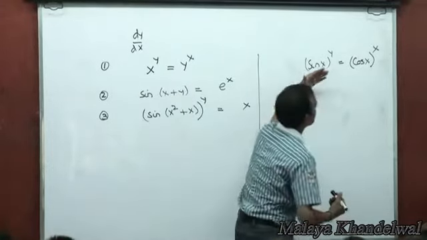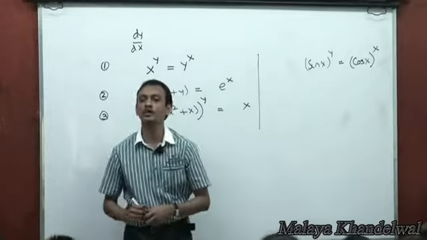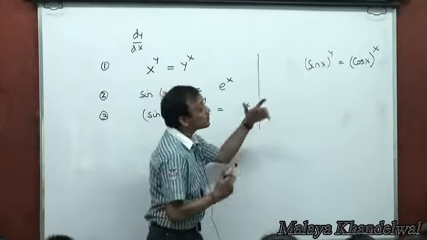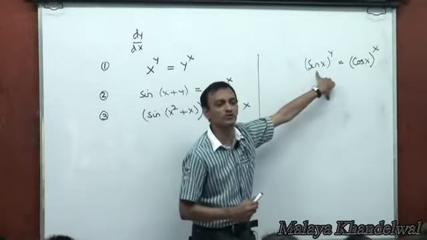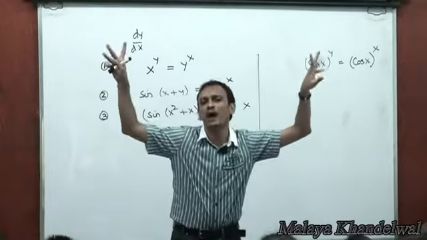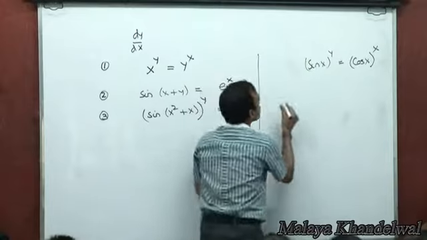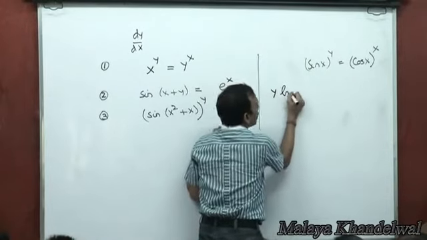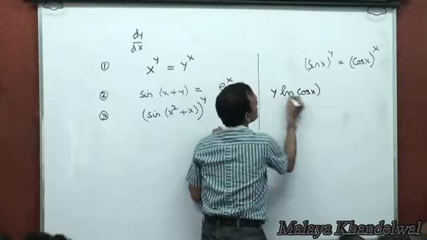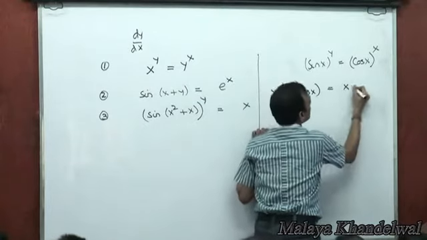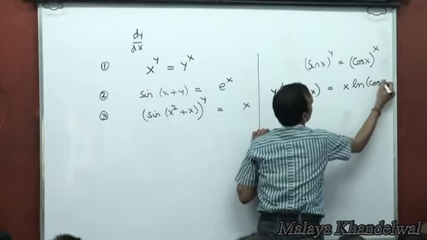So in any case, let's attempt to differentiate both sides with respect to x. Let's first take logarithm of both sides to get rid of the powers. So y log cos x is x log cos x. How about this?